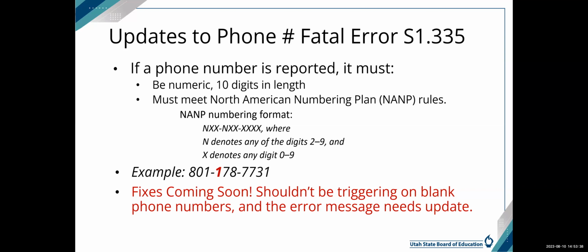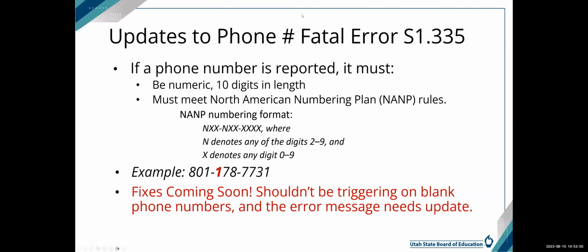So that's basically just checking to make sure that the phone number meets the North American numbering plan. You can Google that and find more information about the North American numbering formats.